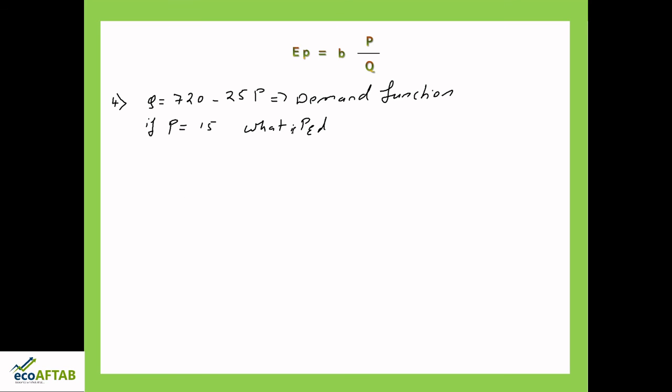It is as simple as this. What is price elasticity of demand? First we need to write down the formula. The formula is here, and we are going to make use of it. So, what is B?